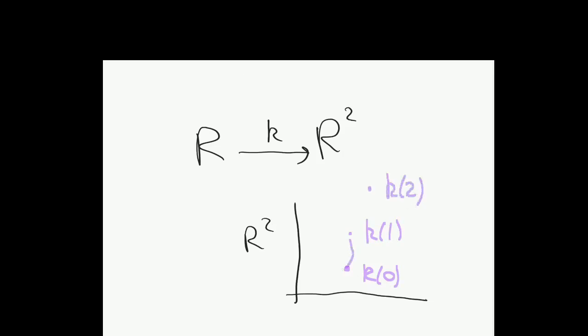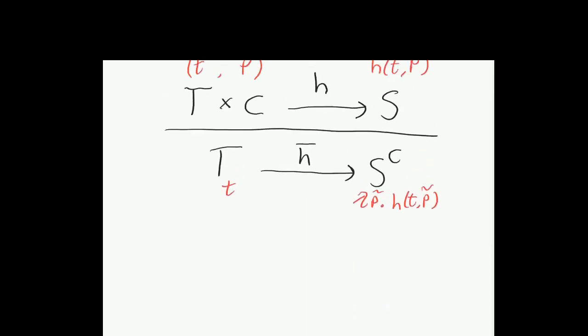But of course, this is a continuous function, so it's really just going to be giving us a path in our target space. So the way that we can think of a function from R into a space is basically just as a path in that space, because all the functions that we're dealing with are continuous.